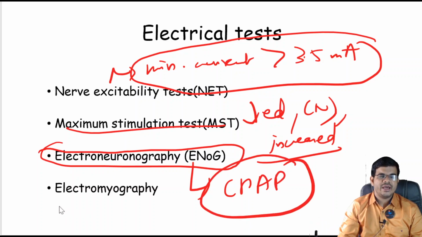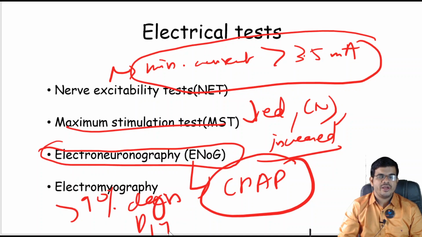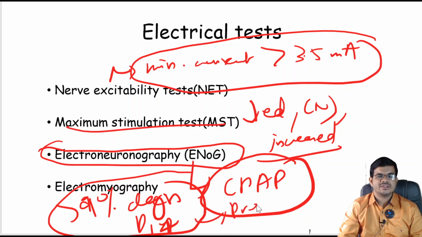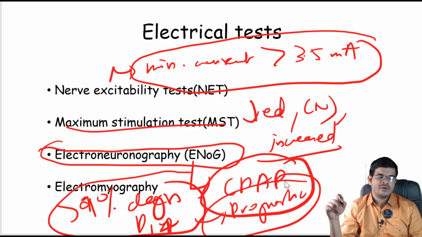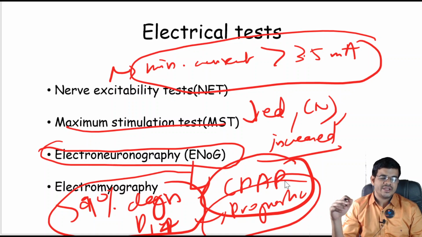If there is more than 90% degeneration by day 14, then that is very significant, and you will have to go for decompression. So this has prognostic significance. You can assess if the patient has a better prognosis. If the degeneration is less than 90%, there is a high chance that the patient may recover.